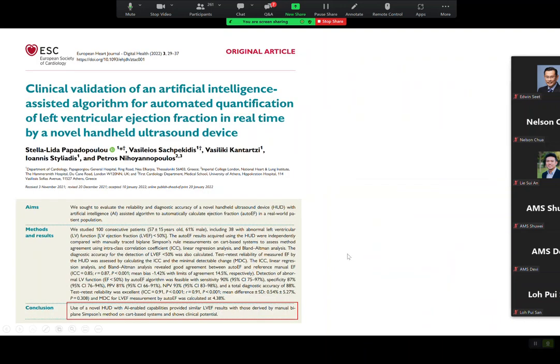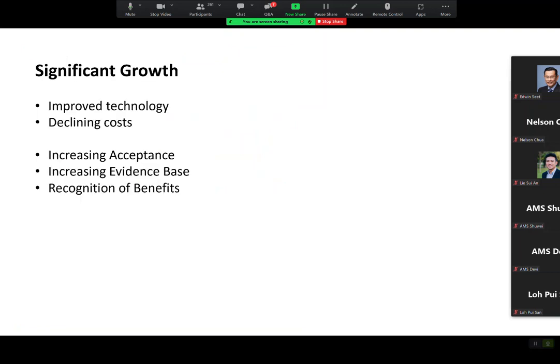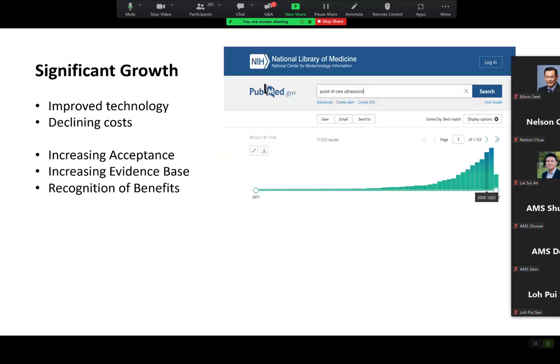Some of these AI methods have been validated as well, and there's more and more of it coming to the surface. There's also been increasing acceptance and an increasing evidence base. If you look at publications regarding POCUS, there's been quite an exponential increase, and a lot of those publications have been in the past 4 years.